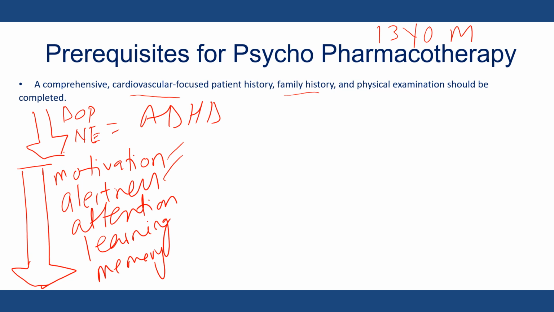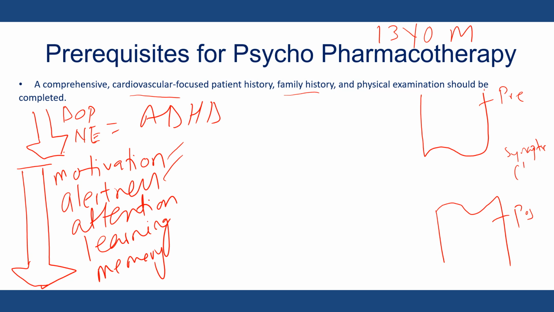by giving stimulant drug. So if you have, let me draw a presynaptic cell here. This is a presynaptic cell, and this is a postsynaptic cell, and the space between pre and post is called synaptic cleft, right?